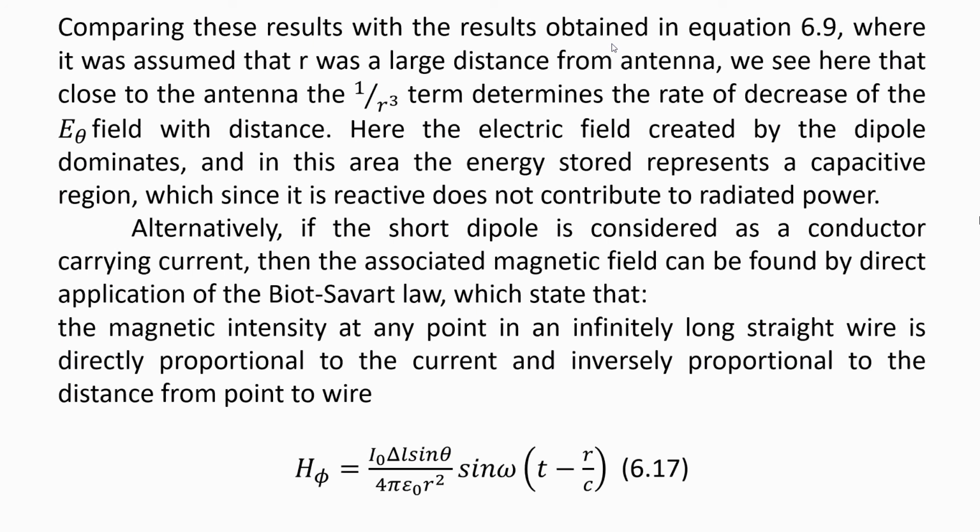So here the electric field created by a dipole dominates, and in this area the energy stored represents a capacitive region, which, since it is reactive, does not contribute to the radiated power. So it is the so-called near field.